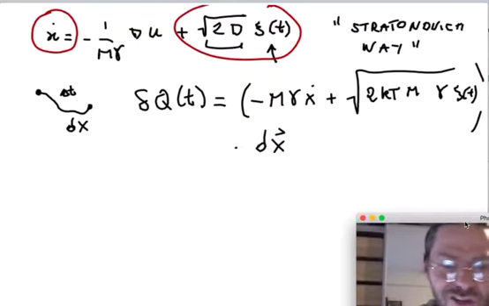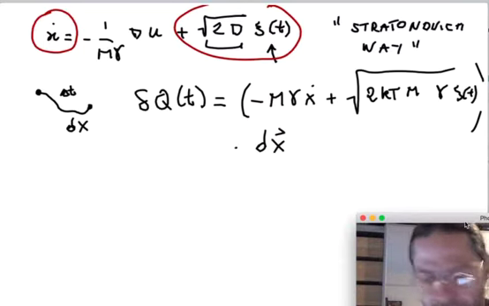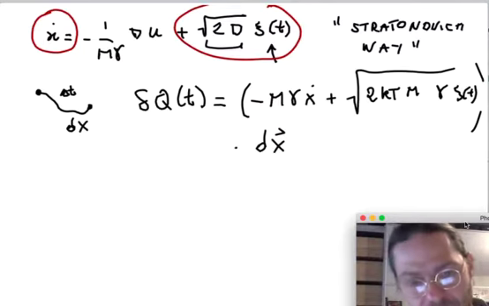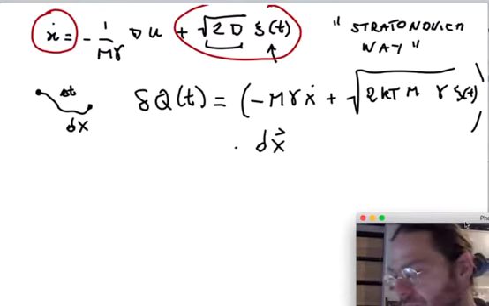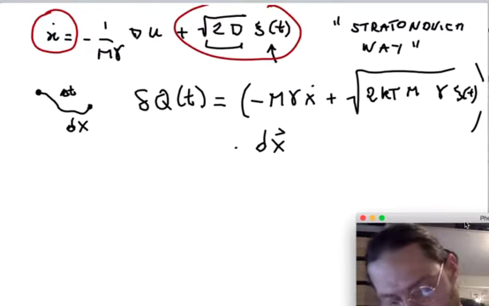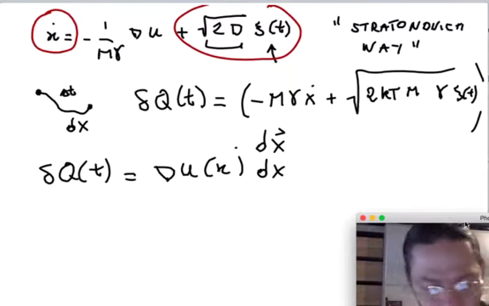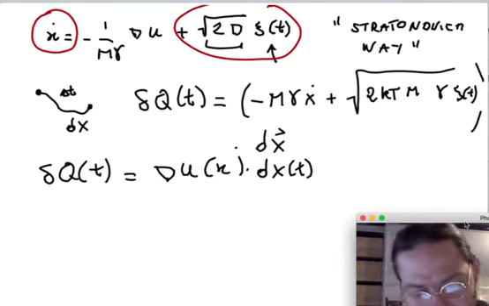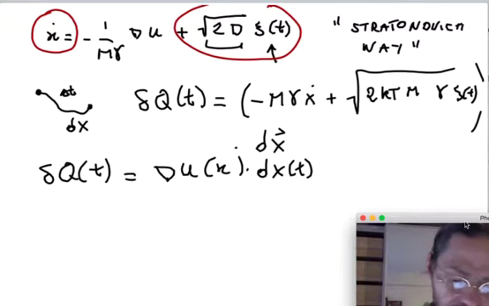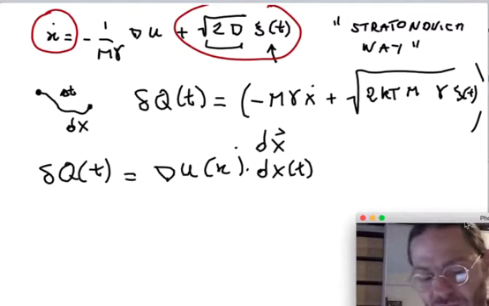That's simply energy exchanged with the bath. As simple as that. But then I can use the Langevin equation here and relate these terms to the conservative force of the particle. So I would be tempted, actually it is correct in this kind of setting, to write that this is nothing but dU of x dx of t. So that's the definition of heat exchange, and it's related to the work of the conservative force because of the Langevin equation. Now we want to be a little bit more general.